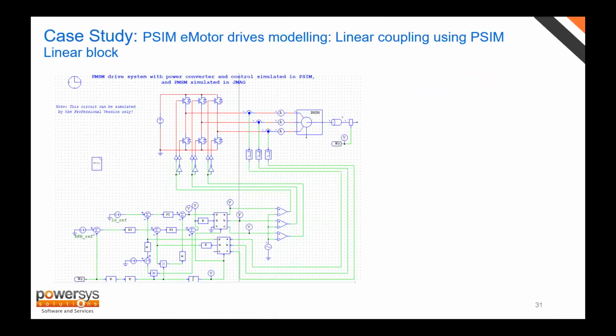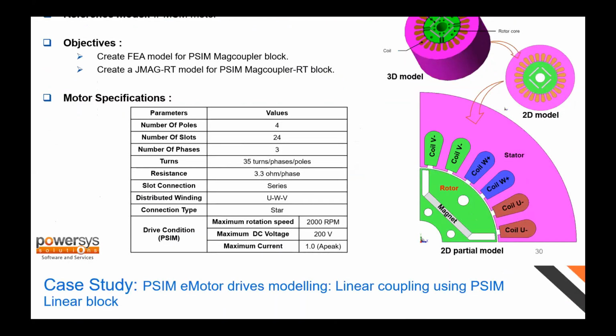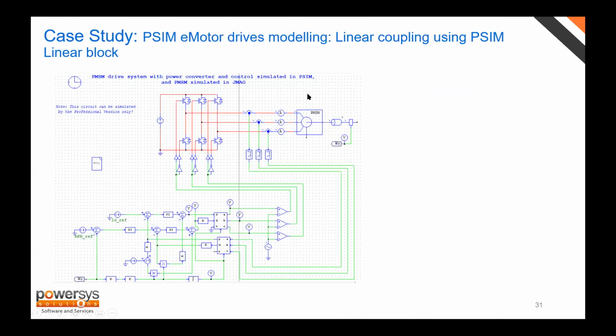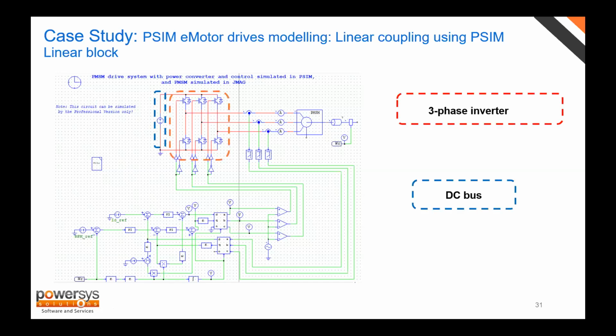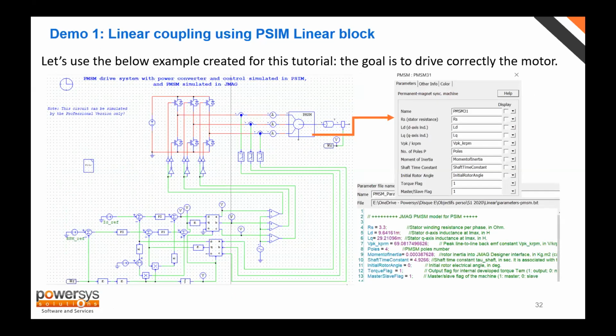So the case study has been to use the PMSM that DJ has designed, but in Psim, using a linear circuit with basic parameters that we have extracted from Gmag Designer. These are the basic parameters that the PMSM needs in Psim in order to simulate.